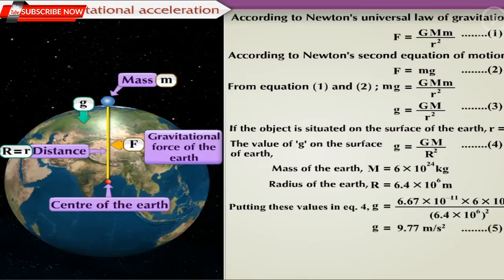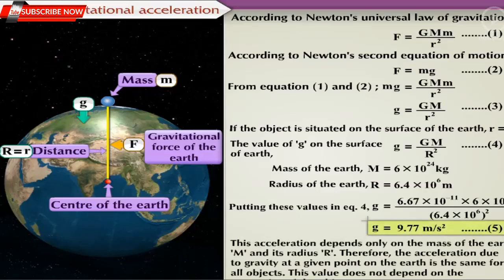This is equation 5. This acceleration depends only on the mass of the Earth, capital M, and its radius, capital R. Therefore, the acceleration due to gravity at a given point on the Earth is the same for all objects. This value does not depend on the properties of the object.